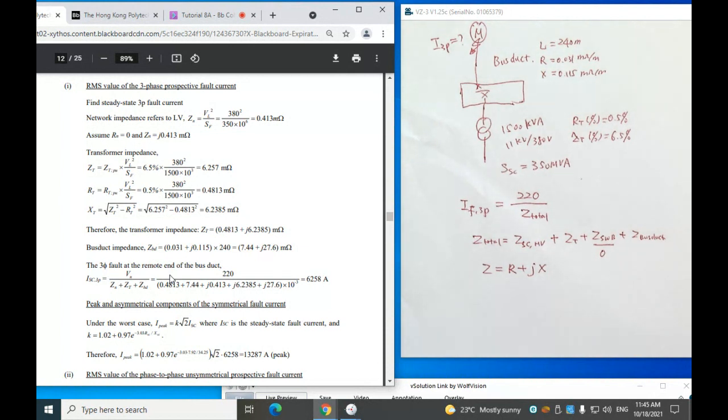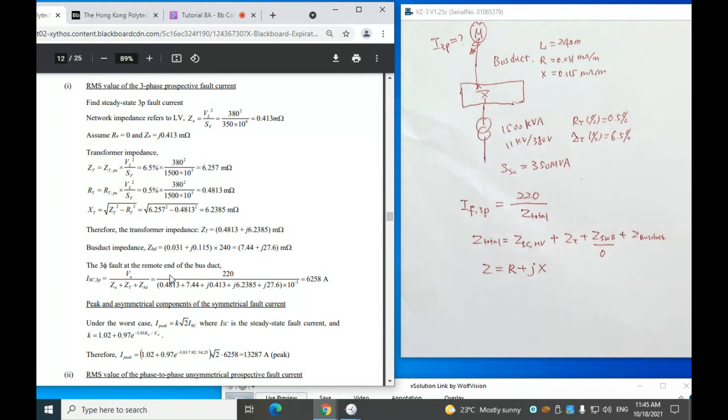Everything here is given: the percentage impedance is 6.5, the line voltage is 380 volts at the LV side, and the transformer rating is 1,500 kVA, so 1,500 times 10 to the power of 3. After the calculation, you find it is equal to 6.257 milliohm.